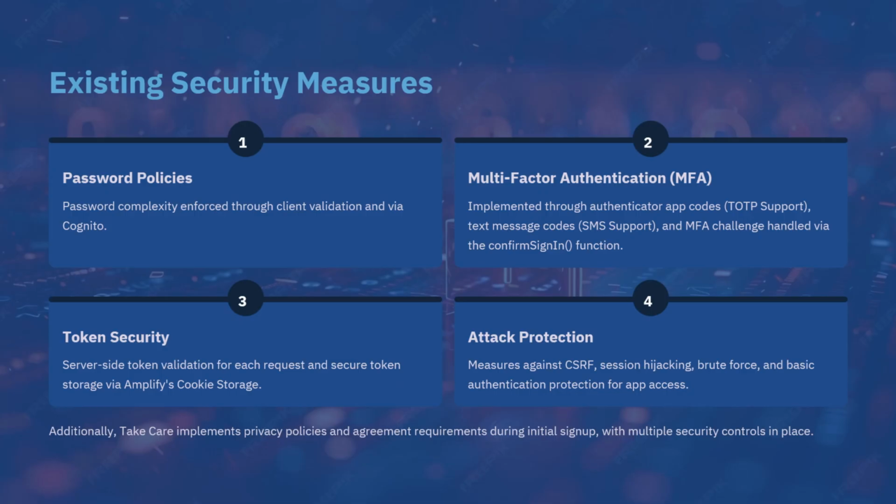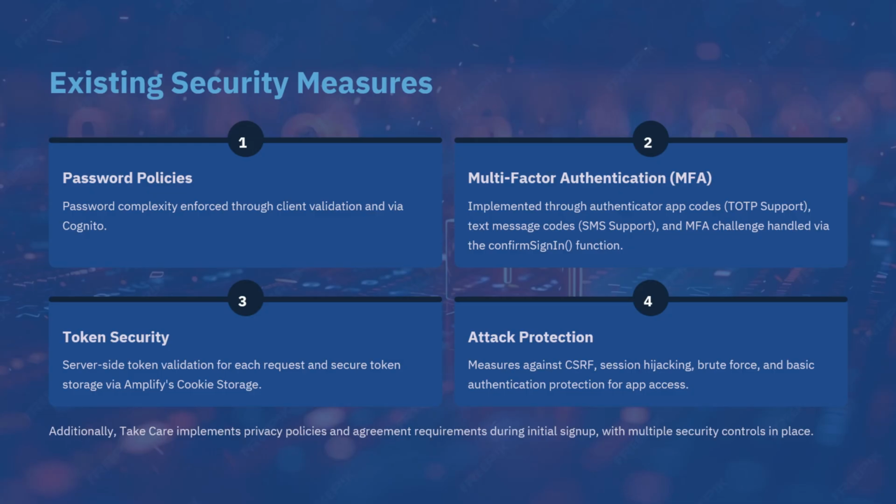It's important to note that Take Care already has several foundational security measures in place. First, password policies are enforced through both client-side validation and AWS Cognito, ensuring a baseline for credential strength. Second, multi-factor authentication is implemented using authenticator apps, SMS codes, and secure challenge handling functions. Third, token security is maintained through server-side validation for every request and secure cookie storage through AWS Amplify.